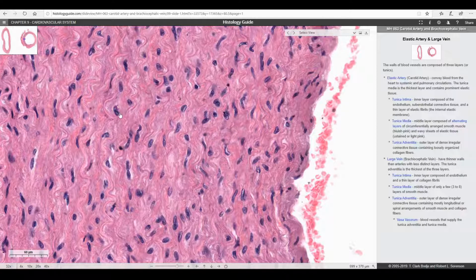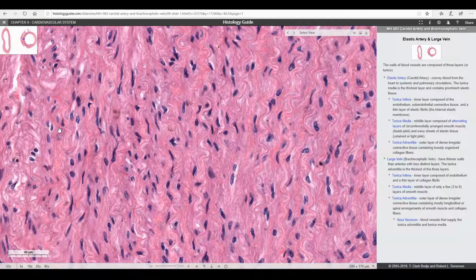This interchange between the smooth muscles and the elastic lamella allows for both functions to occur: vasodilation, because the elastic fibers allow the outward opening of the vessel, and vasoconstriction, which is mediated by the smooth muscles, which constrict together as a unit.